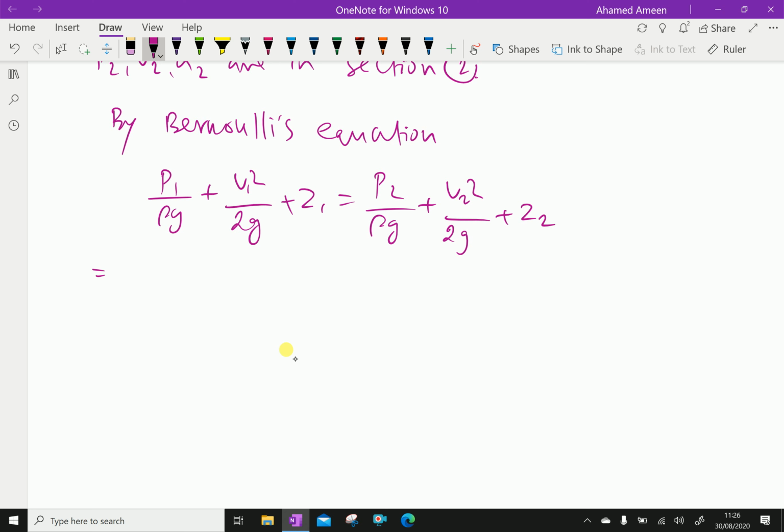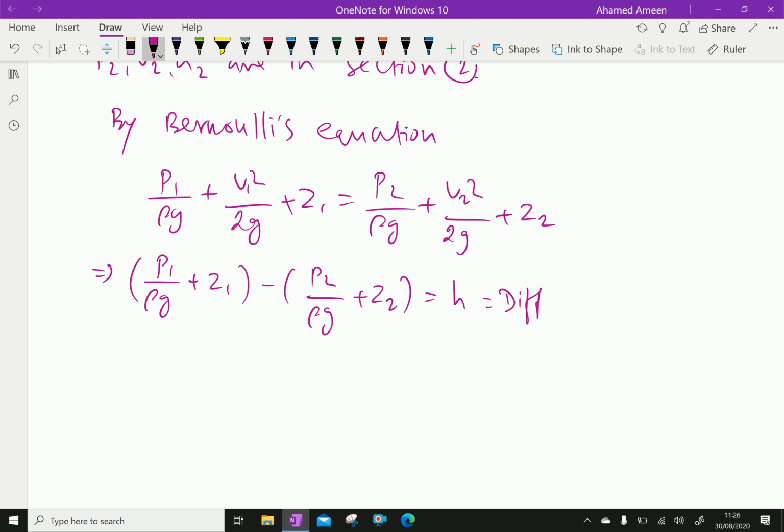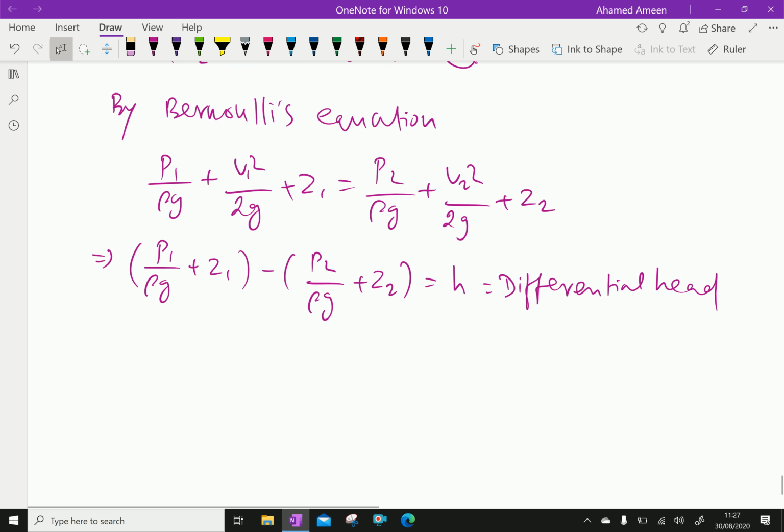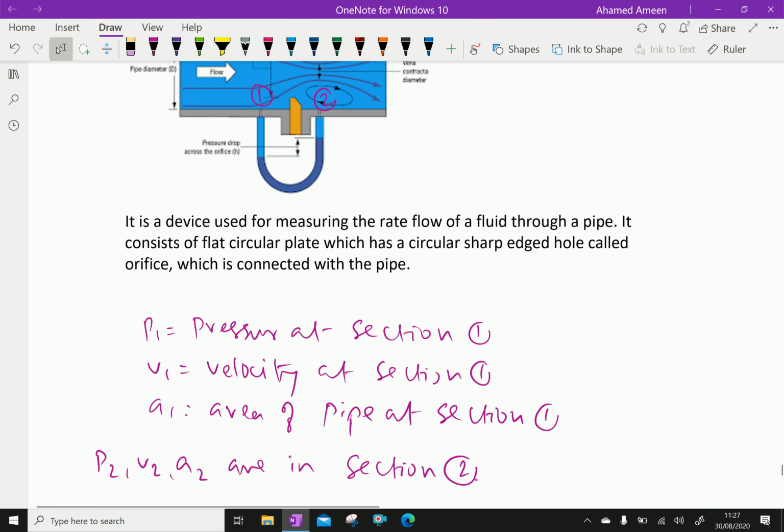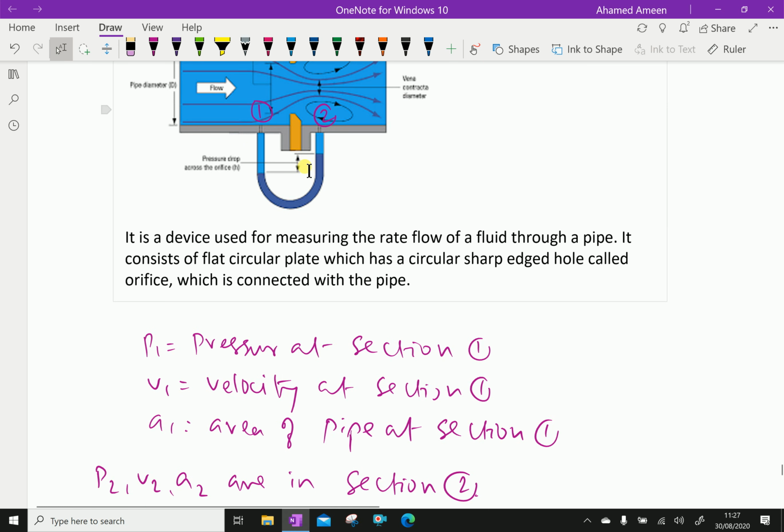Now further we can collect like: P1 by rho g plus Z1 minus P2 by rho g plus Z2 equals H. Consider this as H. Through the differential manometer we can get the differential head. Here look at this, this is the differential head.